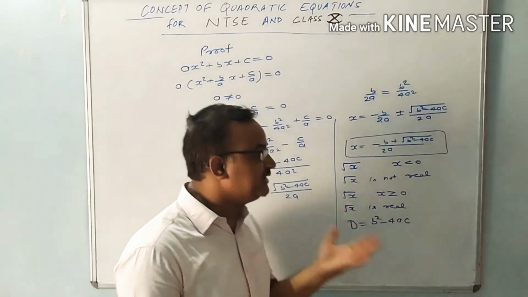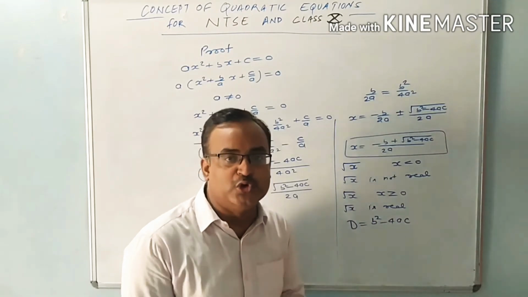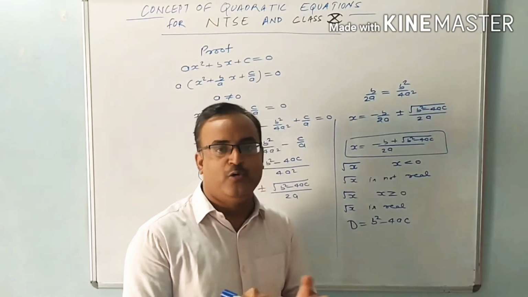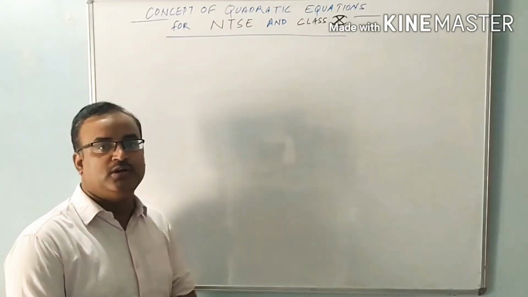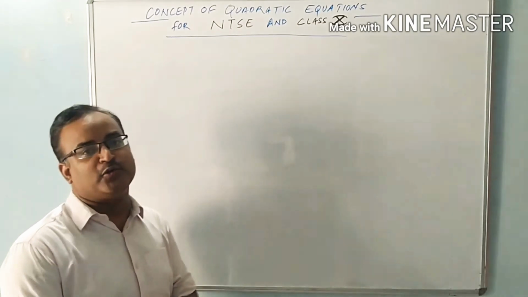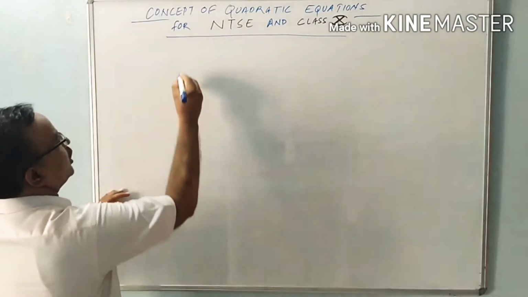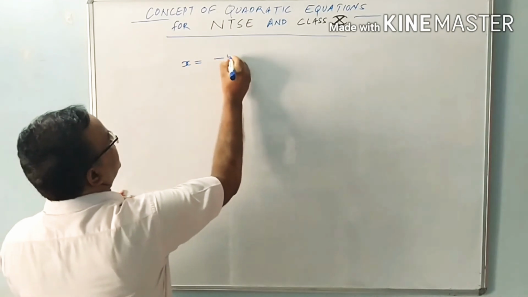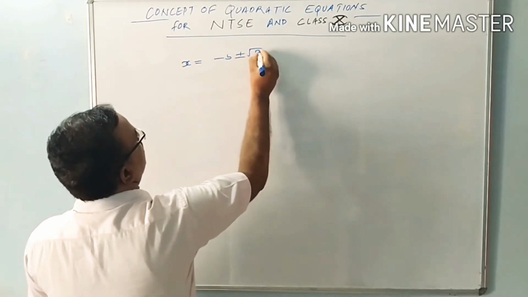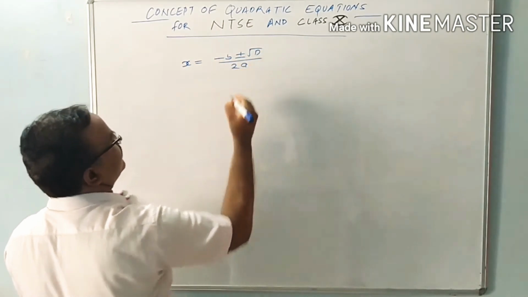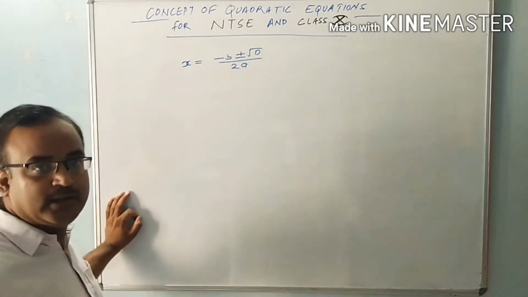Now I will discuss how to find the sum of roots, the product of roots, and what the nature of roots is. Now, how to find the sum of roots and the product of roots. You know now x is equal to minus b plus minus root of D by 2a by the quadratic formula.